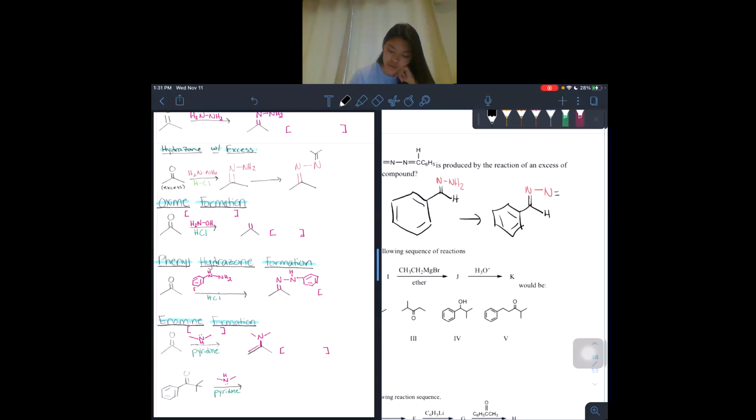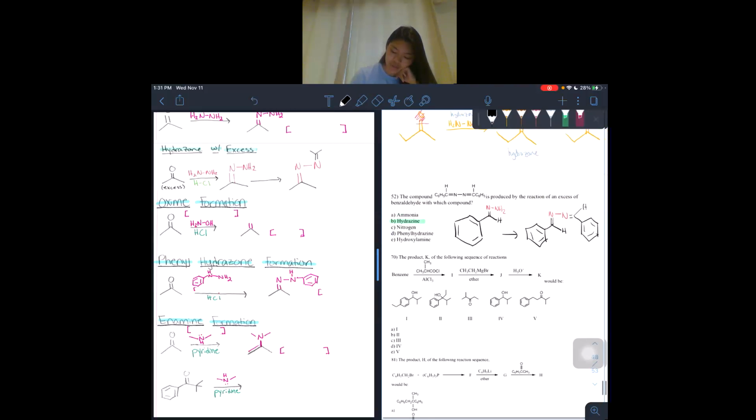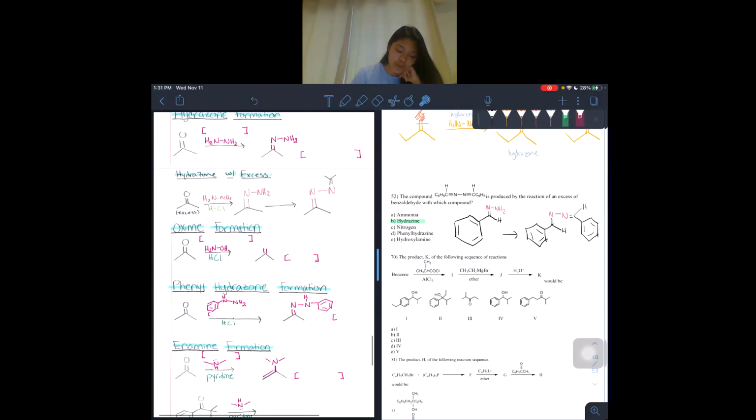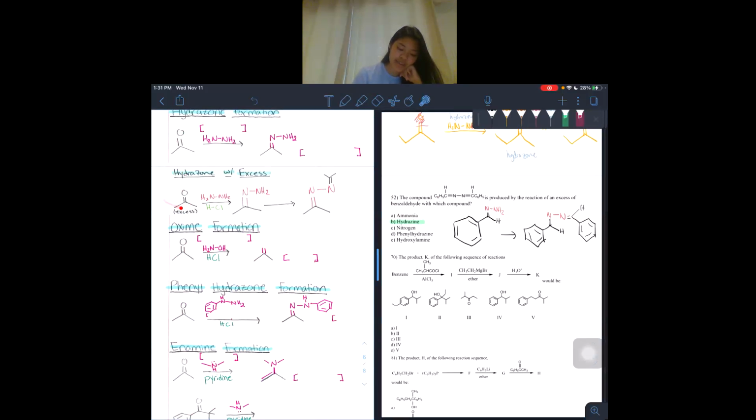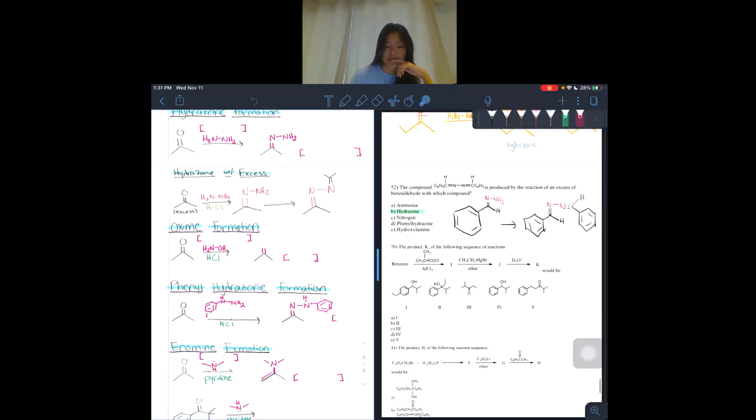How do I draw this properly? That is the best drawing you guys are going to get from me. But hopefully you guys can see it now. But yes, it is hydrazone. So remember, this is the one where we're going to be dealing with things in excess. Typically if you see something with excess, it's usually going to be like a hydrazone thing. But yeah, so that is the answer for 52.